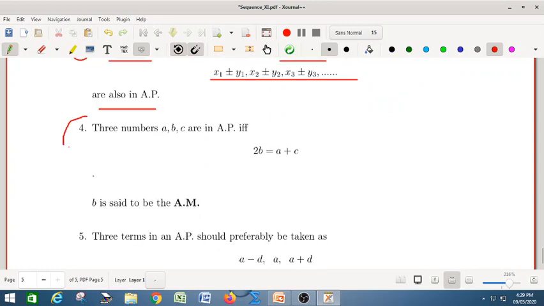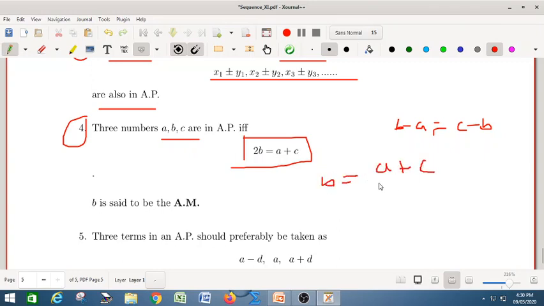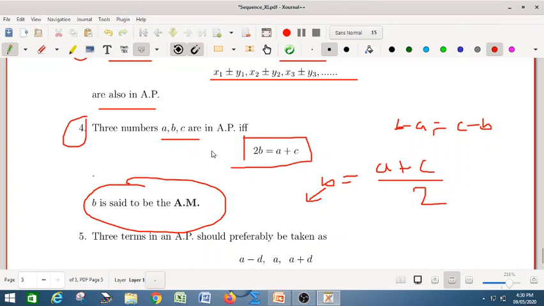And number 4: if three numbers are in AP, then B minus A equals C minus B, so twice B equals A plus C, so B equals A plus C by 2. B is the arithmetic mean between the two numbers A and C. This is a very important relation if three numbers are in AP.